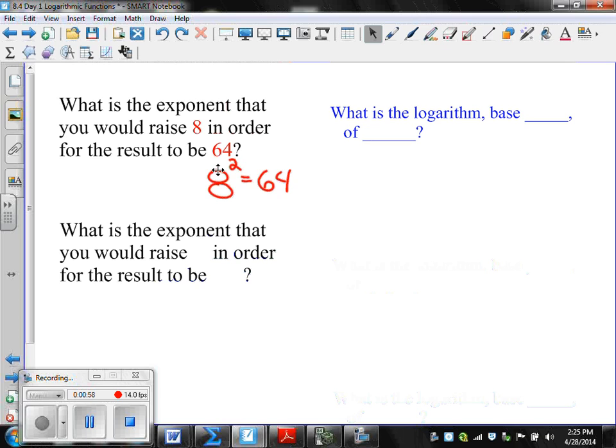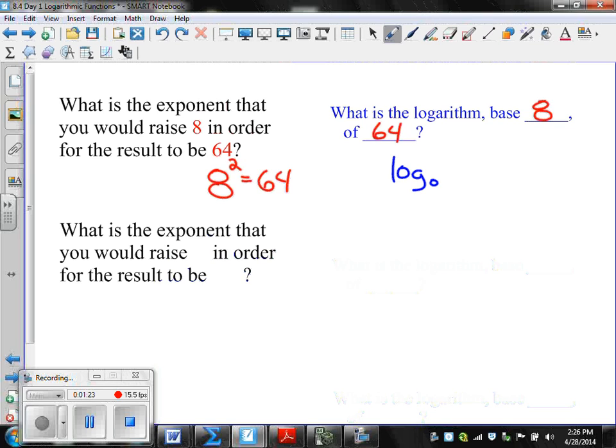The way that I write the second one is, what is the logarithm? So I'm going to use log, base 8, the 8 goes down there like a subscript, and it's of the number 64. So this is the logarithm base 8 of 64. In either case, this equals 2, just like the answer to this question over here.